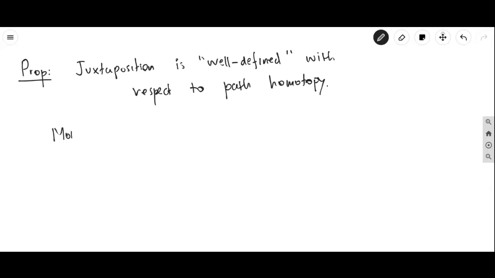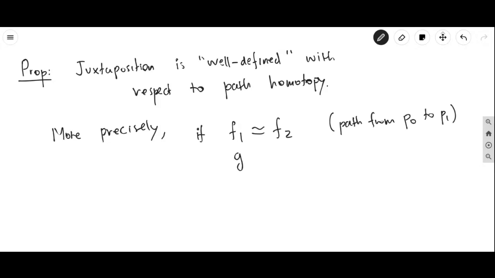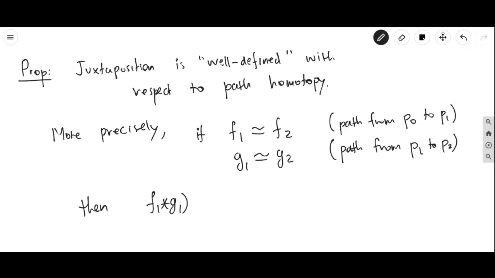In other words, more precisely, if f1 is homotopic with f2, and this is a path from P0 to P1, and g1 is path homotopic with g2, and this is a path from P1 to P2, then f1 juxtaposed g1 is going to be path homotopic with f2 juxtaposed g2.